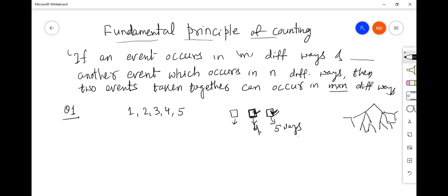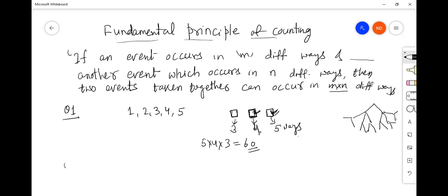For hundreds place, we can place any one of the remaining three digits. So the total number of three-digit numbers will be 5 into 4 into 3, that is 60. So the total number of three-digit numbers formed is 60.